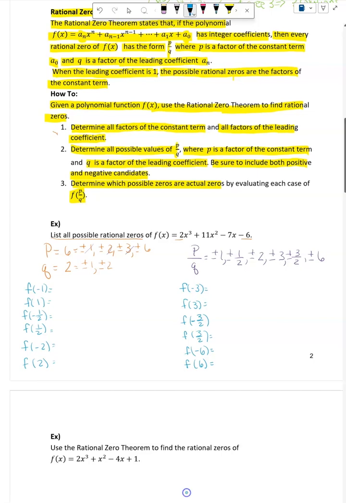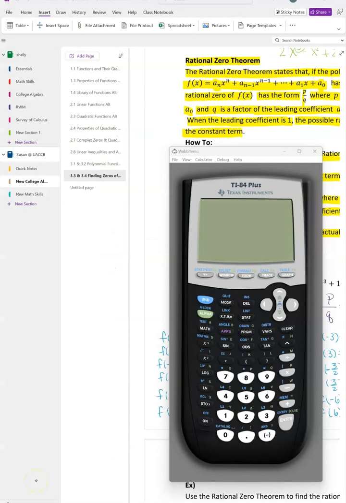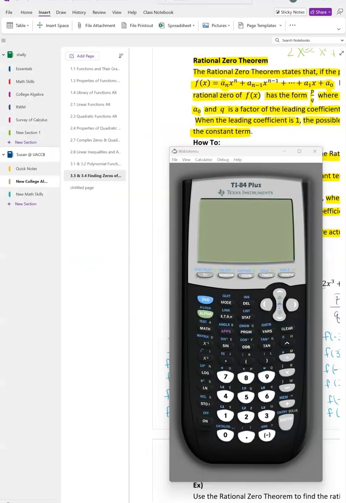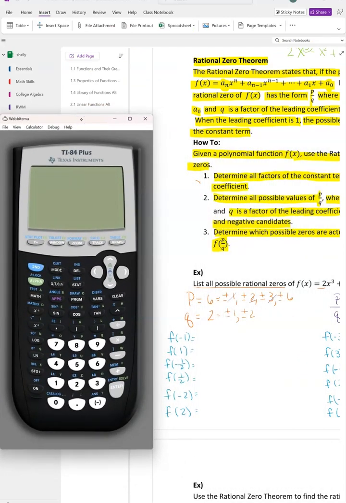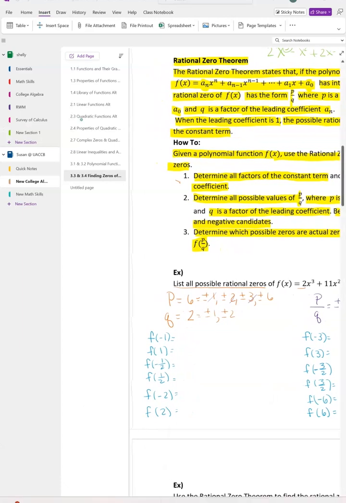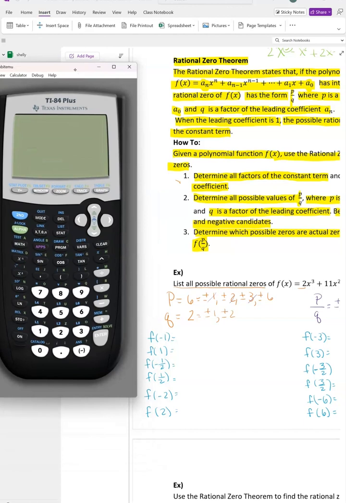I'm going to see if I can get my calculator up, hopefully. Okay, we're going to turn our calculator on and clear it.